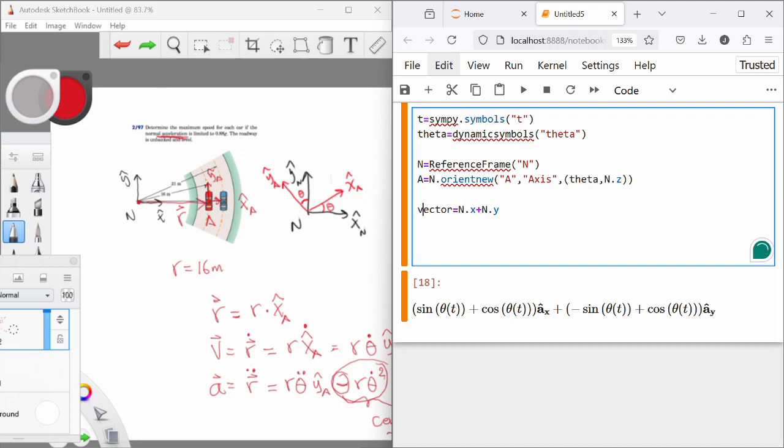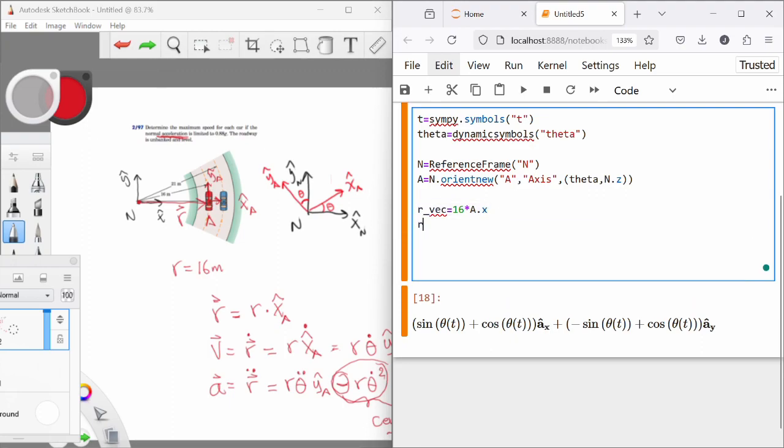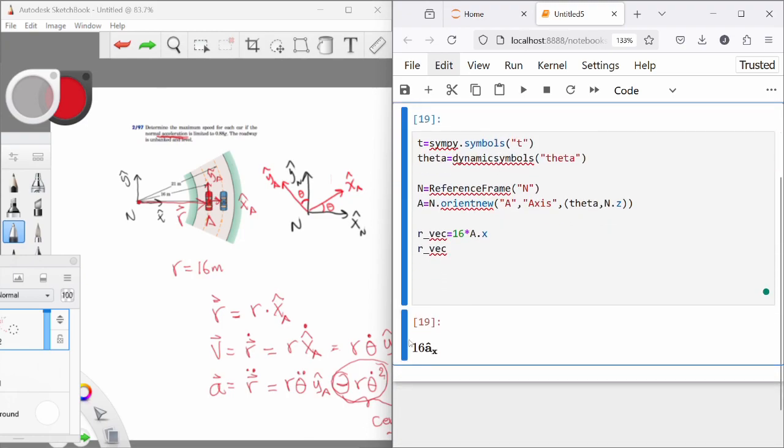Now let's define our r vector, and our r vector is 16 meters. In what direction? In the ax direction. That's the most simple way of defining the vector. 16 meters pointing in the direction of xa.